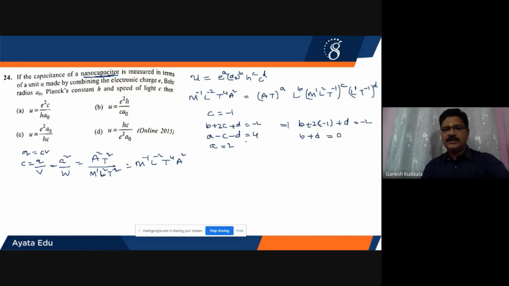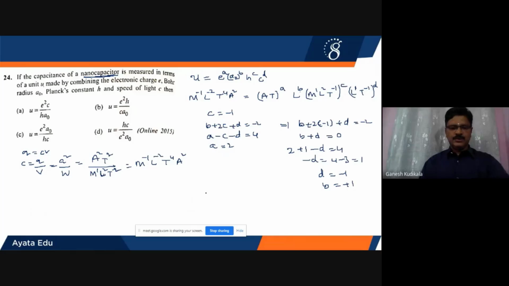Because I know A and C, D value can be obtained directly now. So A is 2, C is minus 1. Minus of minus will become plus 1. Minus D will be equal to 4. 2 plus 1, 3. Therefore, minus D will be equal to 4 minus 3, which is 1. Therefore, D will be equal to minus 1. If D is equal to minus 1, B will be equal to plus 1.